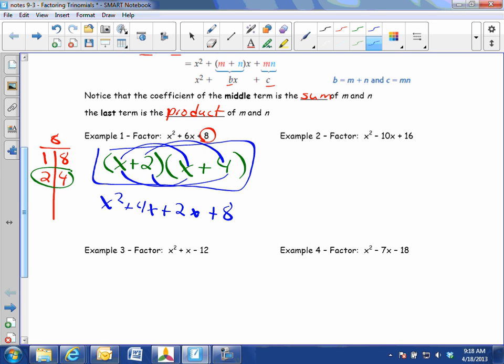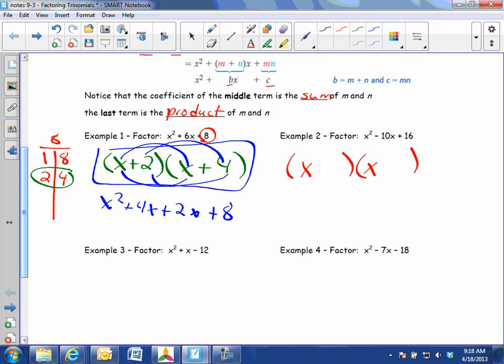Voila, done. Okay, however, you have to be a little bit careful on example 2. What's different between example 2 and example 1? You're subtracting. Yeah, the minus in here. Okay, now let's just think for a second. With our FOIL, how are you going to be subtracting? Well, we're going to be subtracting to get the middle term.